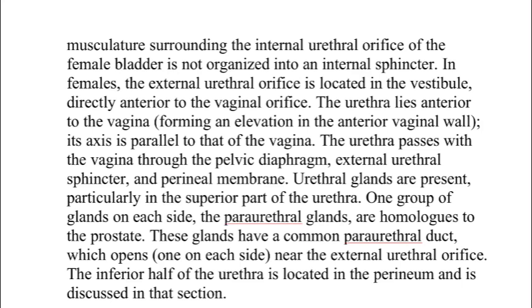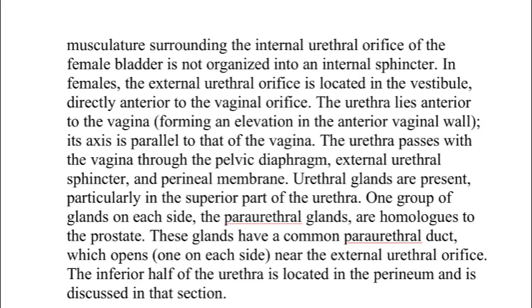This duct opens one on each side near the external urethral orifice. The inferior half of the urethra in females is located in the perineum. So it's actually the superior half of the urethra in females that is in the pelvis, and that is what I just discussed.